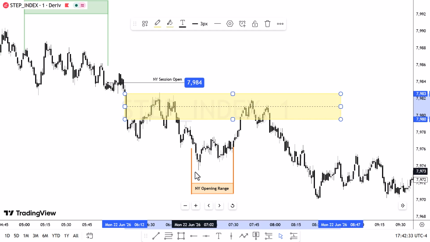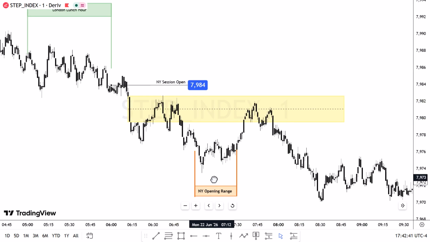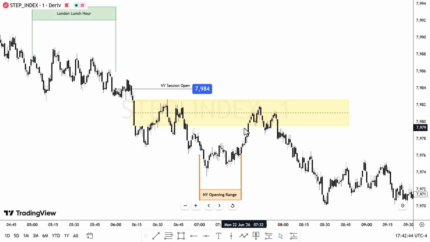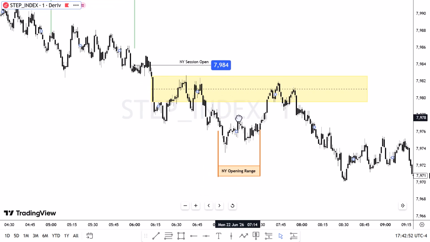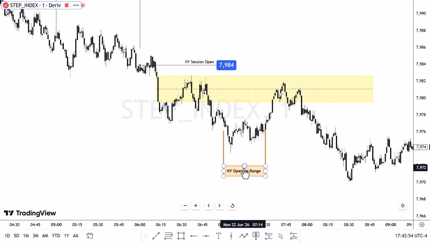Okay. Shortly after, we had the New York opening range. It is 30 minutes as well. As you can see, it is retracing back to that New York opening session fair value gap. Now, as I said, within these opening ranges, I am looking for a fair value gap that I can trade, right?